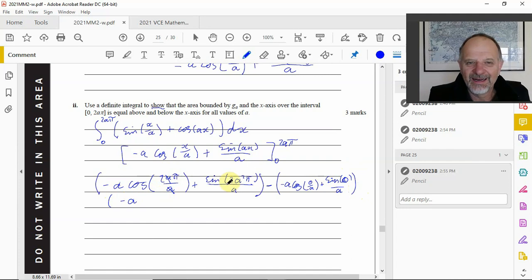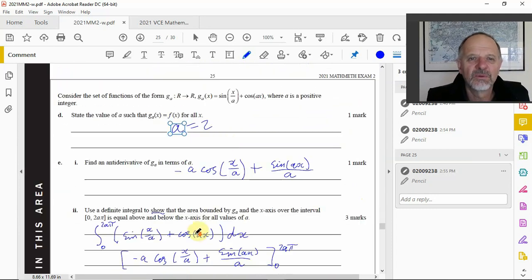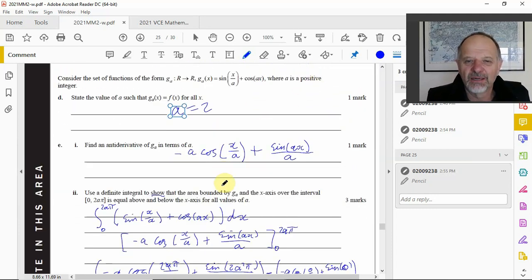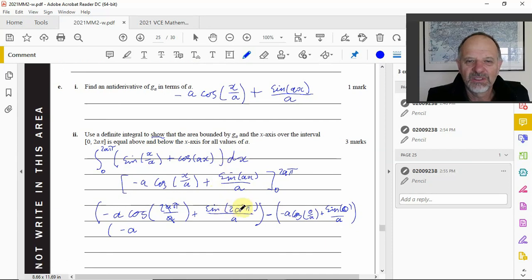All right, this bit here, remember a is, up here, a positive integer. So a is a positive integer, then we're going to square it, and so we're getting some other integer, and then we're multiplying it by 2. So effectively what we've got here is a multiple of 2 pi. So a multiple of 2 pi always brings us back around the circle to that same spot, where sine of 2 pi is 0.